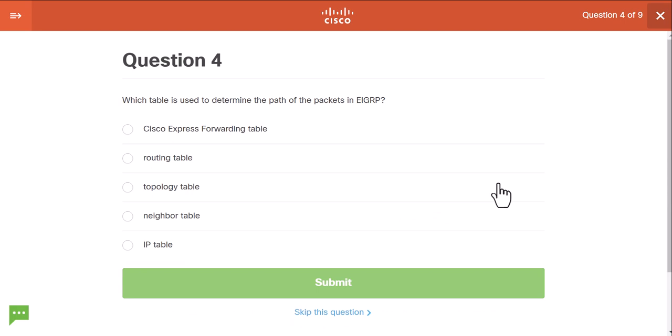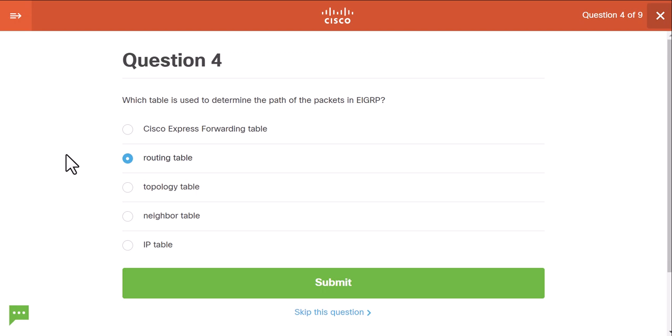Which table is used to determine the path of the packets in EIGRP? Which table is used to determine the path of the packets? I guess that's the routing table. EIGRP operates three tables, right? It has the neighbor table, where it stores information about directly connected EIGRP neighbor routers.